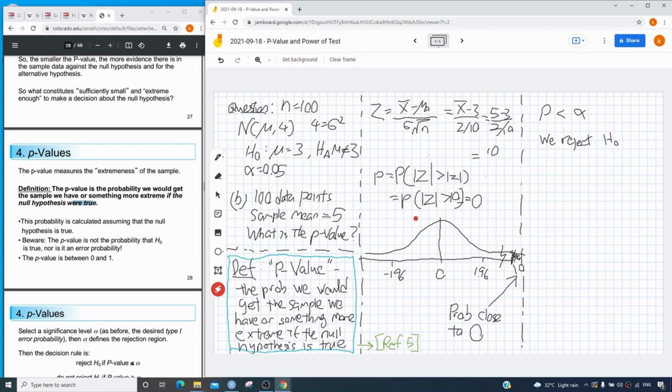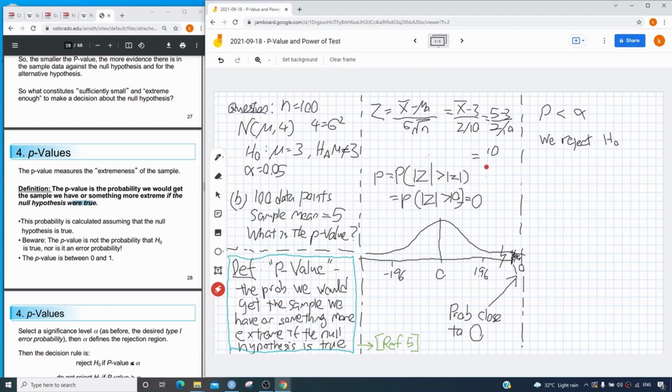Okay, so now we will use our test statistic formula that we used in the last question to get the p-value.